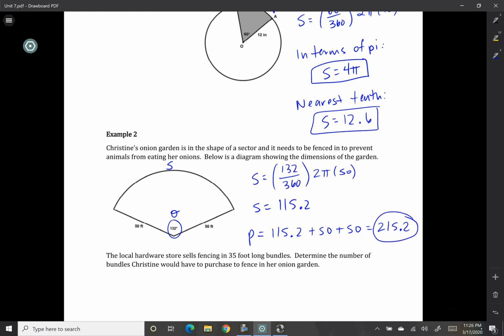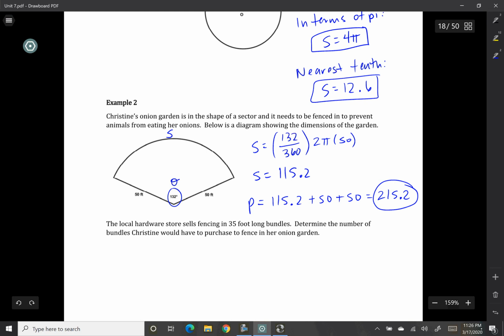Again, it would be more specific if it was a test question telling you exactly what to round to. But since we're talking about fencing, I don't want in terms of pi here. Now, to add an algebra twist, it says the local hardware store sells fencing in 35-foot long bundles. Determine how many bundles she needs to fence in her onion garden.